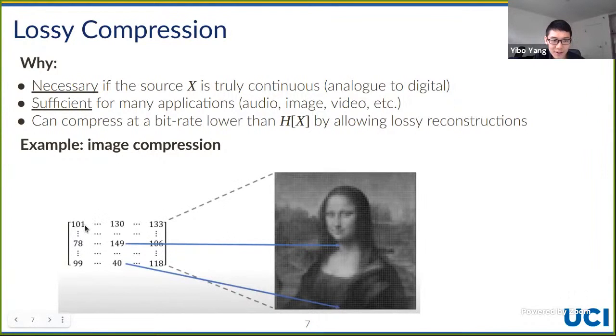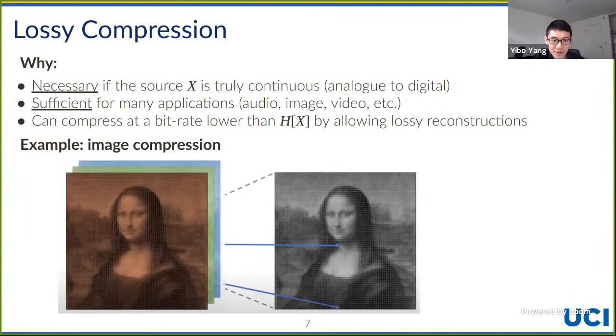These are typically 8-bit numbers, so they can take values from 0 to 255. And there are usually 3 channels, RGB, to make up a color image. So you have 3 times 8 bits for each pixel.